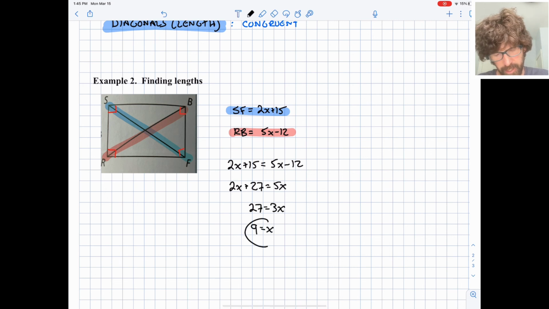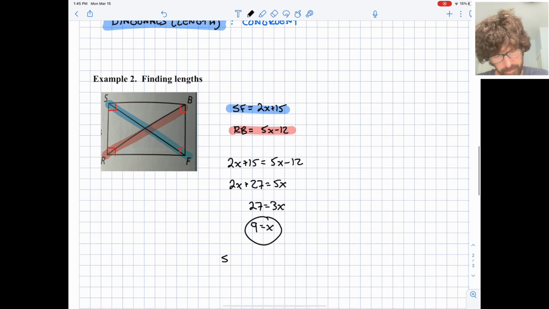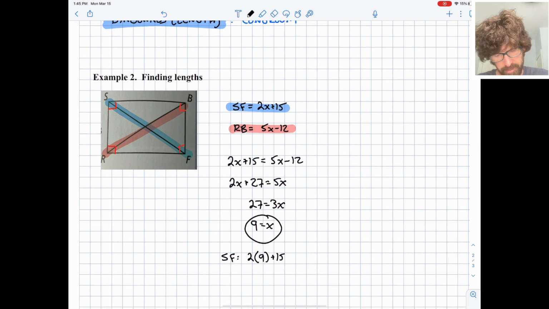So x is 9. And let's find the length of one of the diagonals. They're congruent, so if we find one, we're going to find the other as well. SF is 2x plus 15, so 2 times 9 plus 15. That is 33. Okay, so we found x and we found the length of the diagonals.